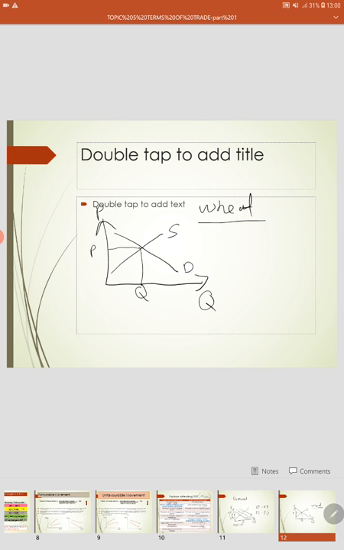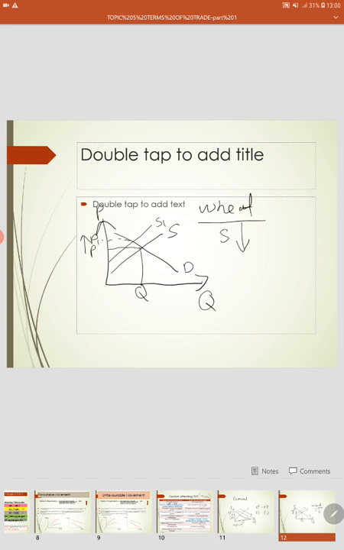Okay, so when there's bushfire, for example, okay, and then supply is destroyed. So when supply is destroyed, what happens is supply will reduce. When I say supply reduces, I'm going to shift my supply curve up. Okay, now what happened? Can you see here? The price now has increased.